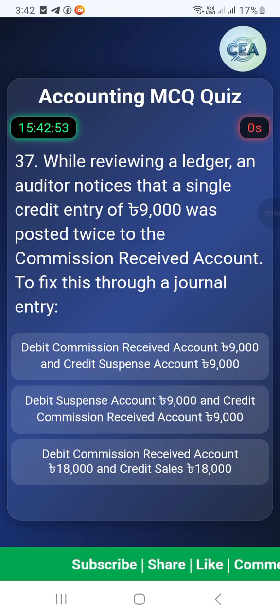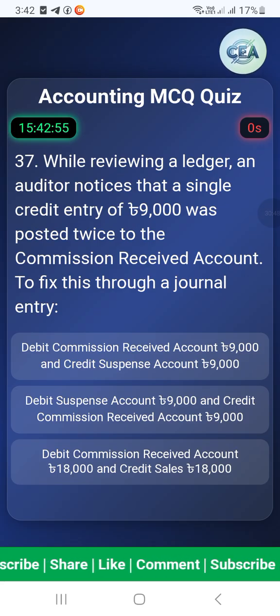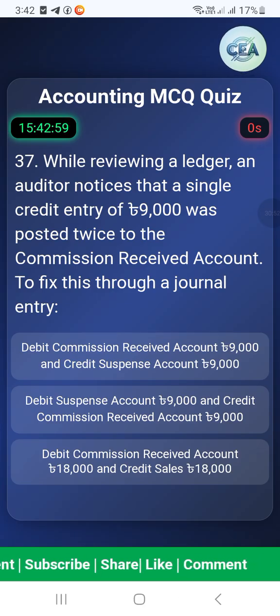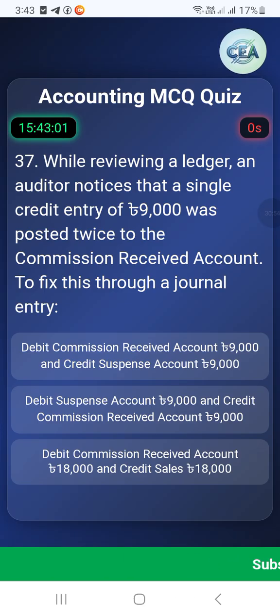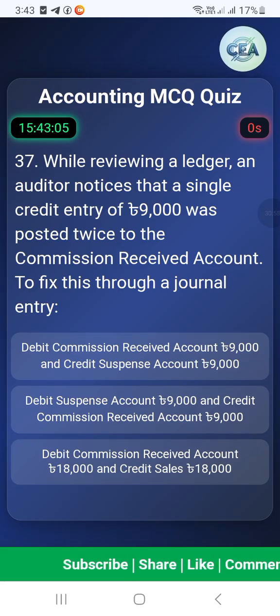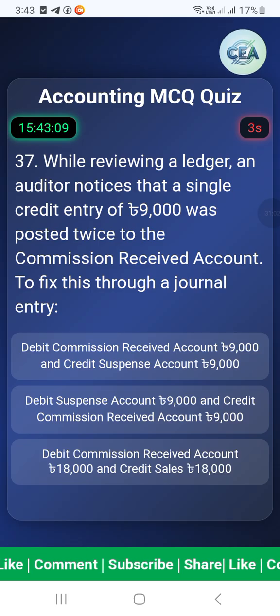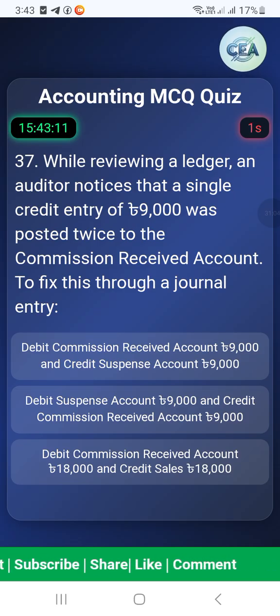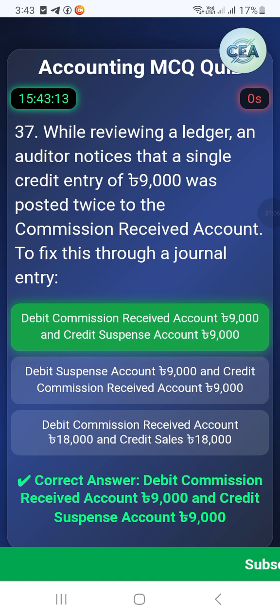Debit suspense account 9,000 takas and credit commission received account 9,000 takas. Option 3. Debit commission received account 18,000 takas and credit sales 18,000 takas. Correct answer is debit commission received account 9,000 takas and credit suspense account 9,000 takas.